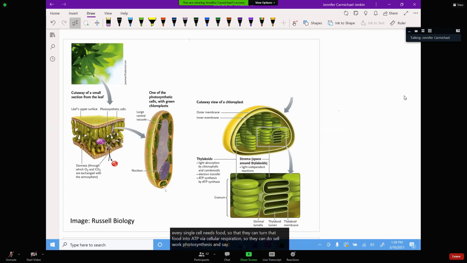Photosynthesis and cellular respiration are not mutually exclusive. And I'm going to repeat that because I will ask you and someone will still miss it on the exam. Cellular respiration and photosynthesis are not mutually exclusive. Plants, algae, and photosynthetic bacteria do both.